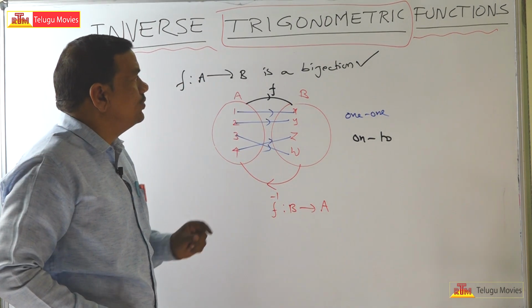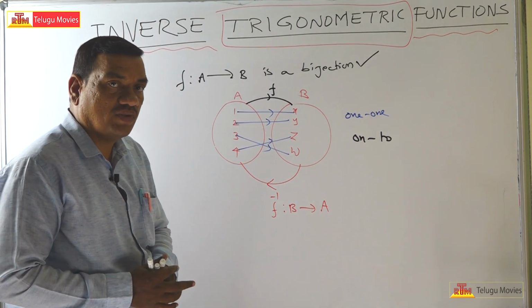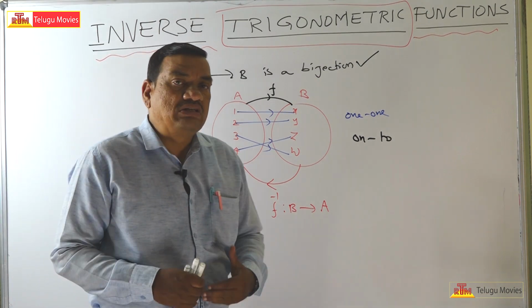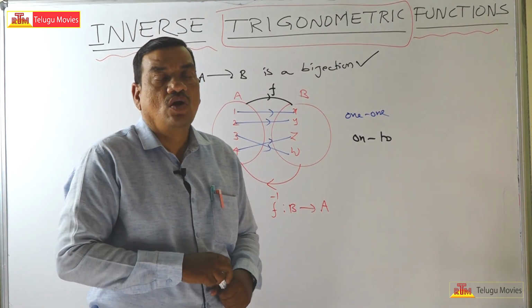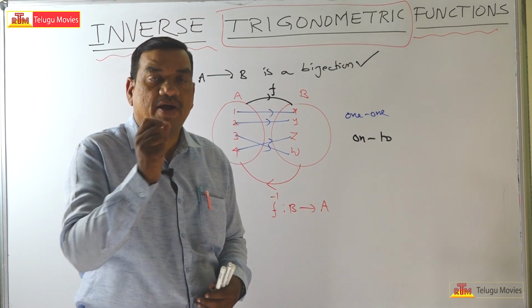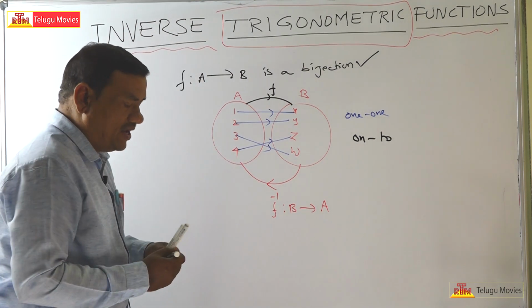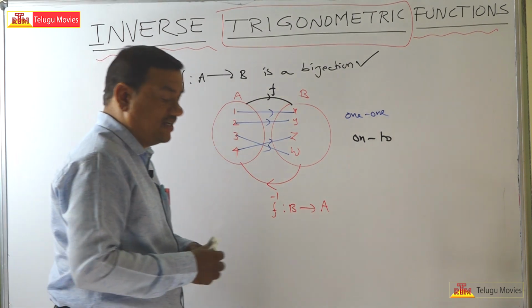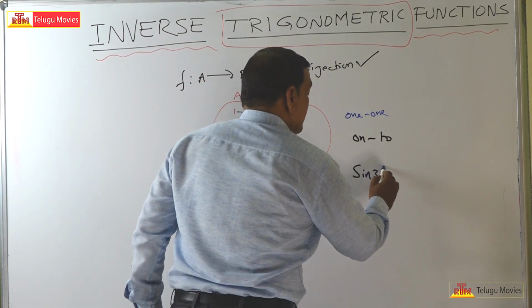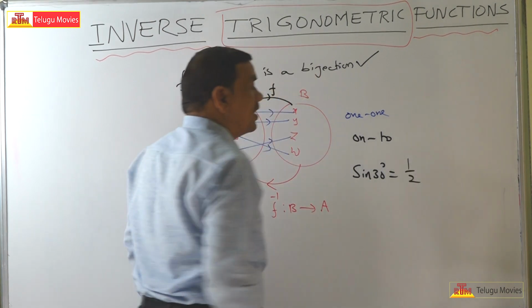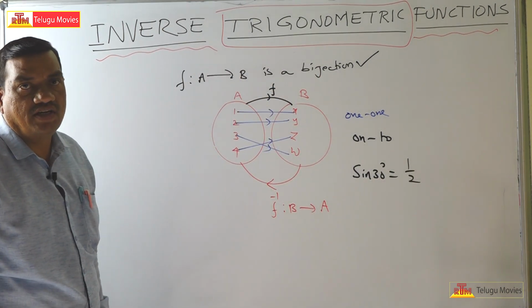Now coming to trigonometric functions. As we know, all trigonometric functions are not bijective. Why? A very simple example: what is sin 30? Sin 30 degrees is equal to 1 by 2.